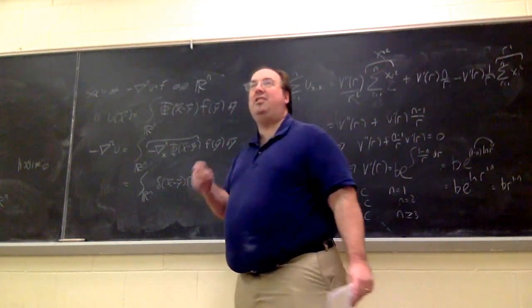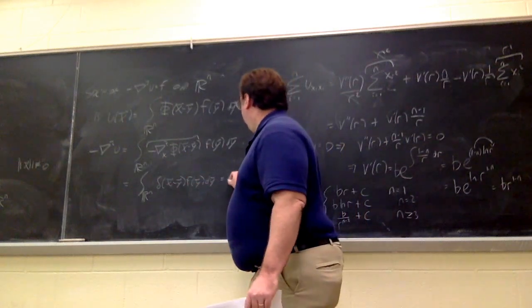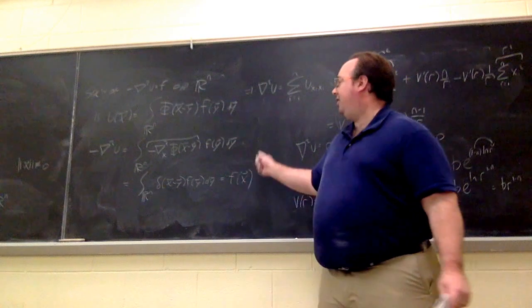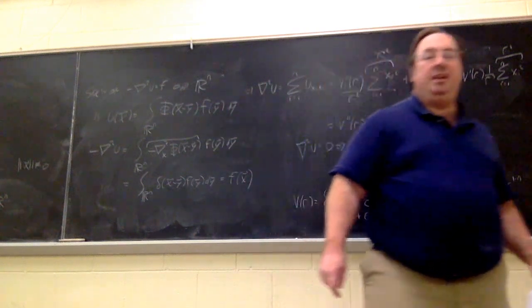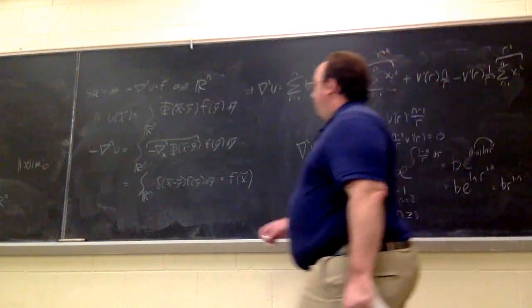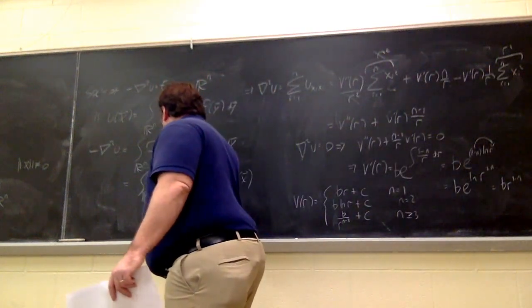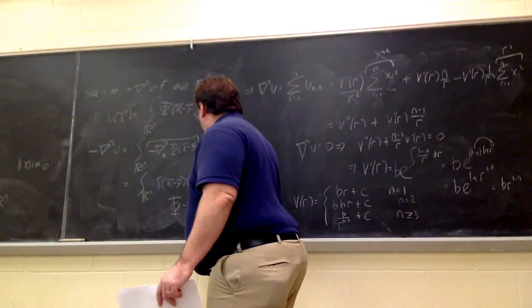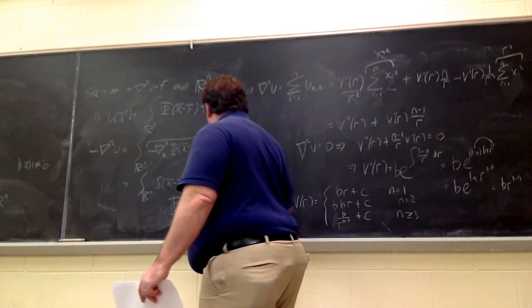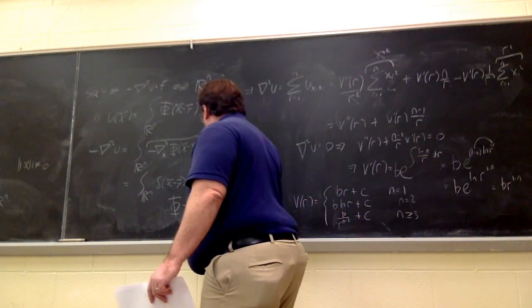In other words, when y is equal to x. So this is how the Dirac delta function works. We get f of x, which is exactly what we want for Poisson's equation. So phi is what's referred to as the Green's function for Poisson's equation.